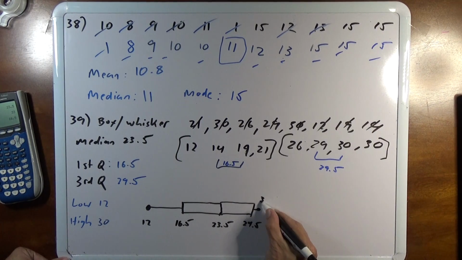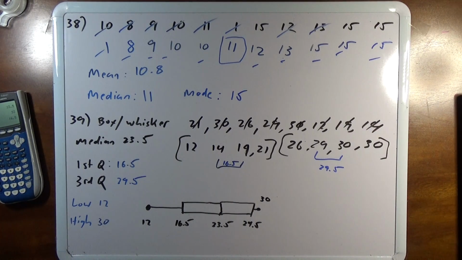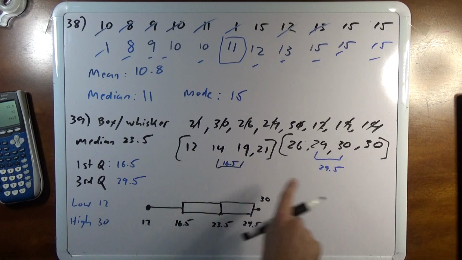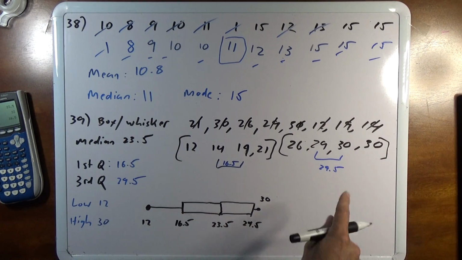And I'll write it up here, even though it doesn't look clean. So you should show at least that the distance between your third quartile and your highest value is much less than the distance between your lowest value and your first quartile. One other thing we sometimes look at is extreme values, which would come out as a star, but none of these are extreme values like a mistake.